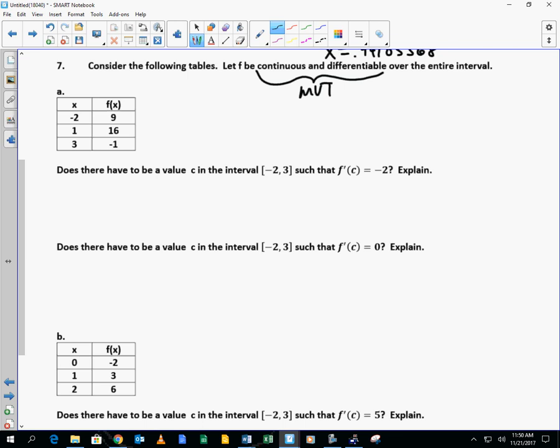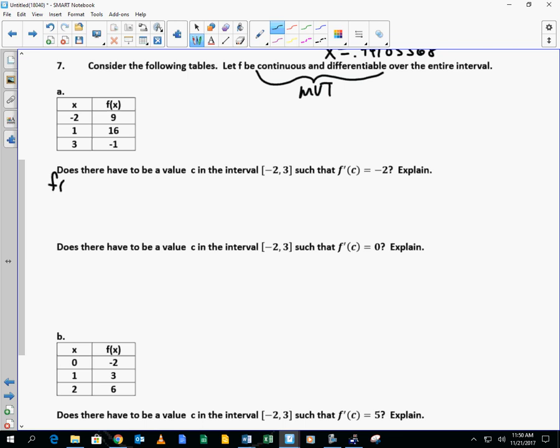Well, let's watch what happens here. The function has a positive slope between -2 and 1, it looks like, right? And then after that, it looks like it has a negative slope. The question is, does it have to have a slope of -2? Let's check what the mean value theorem has to say.